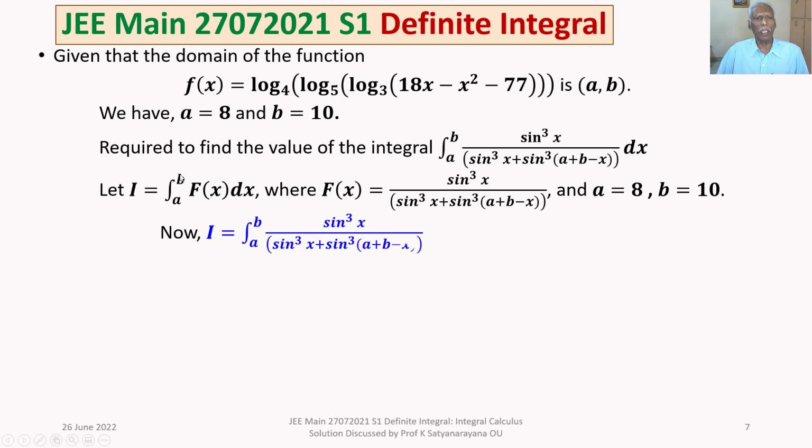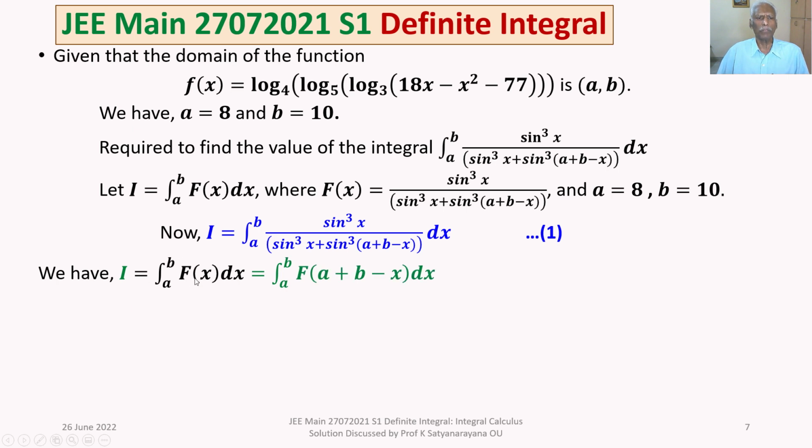Now, what will be I? I will be equal to integral a to b f of x dx, and call this equation 1. Now, we recall I is equal to integral a to b f of x dx is equal to integral a to b f of a plus b minus x with respect to x. This is the result that we know.